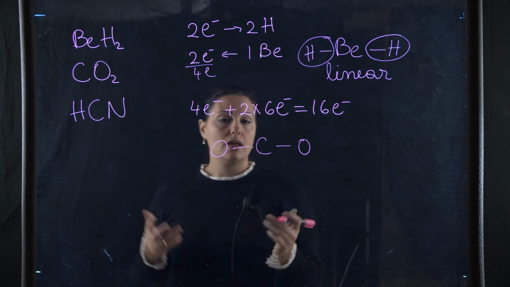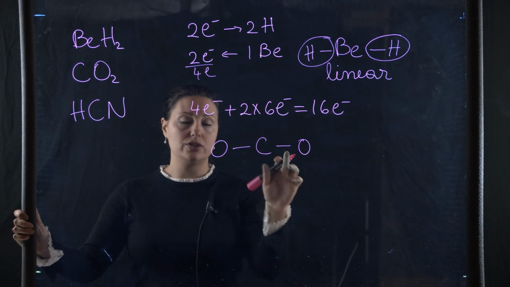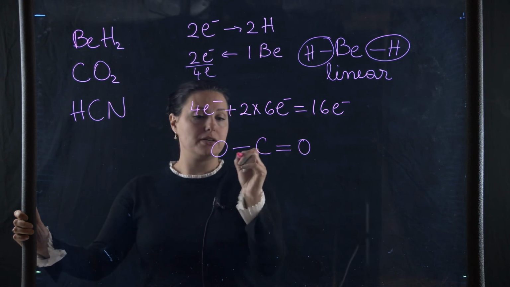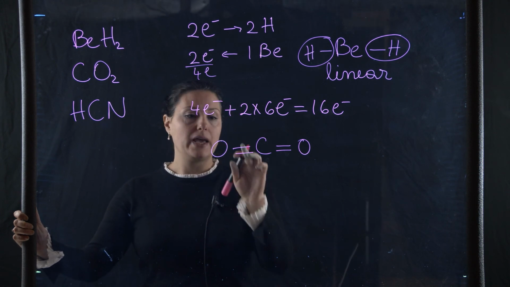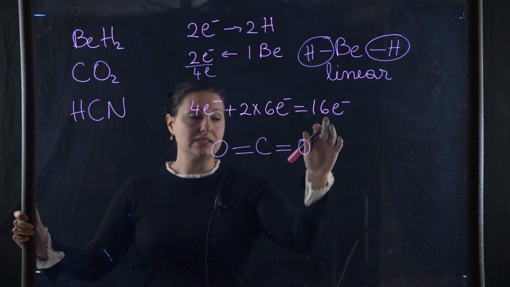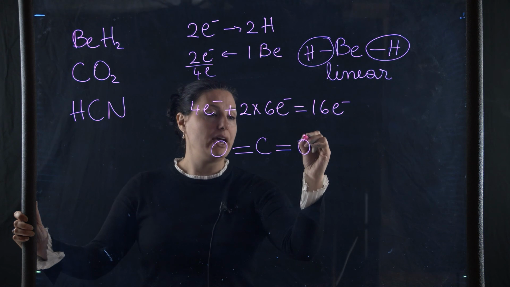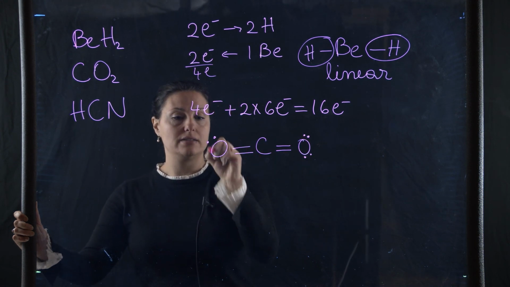However, they're not very happy. My carbon's not happy because it's got only 4 electrons around. So I'd have to double bond here and double bond here to satisfy my carbon. It has 2, 4, 6, 8 electrons around, but I have 16, so I have to distribute 8 more. And those will go as lone pairs on the oxygen, just like this.